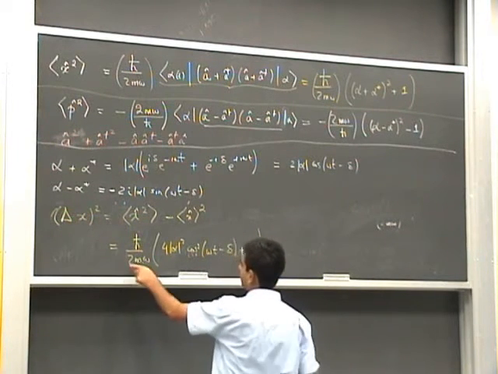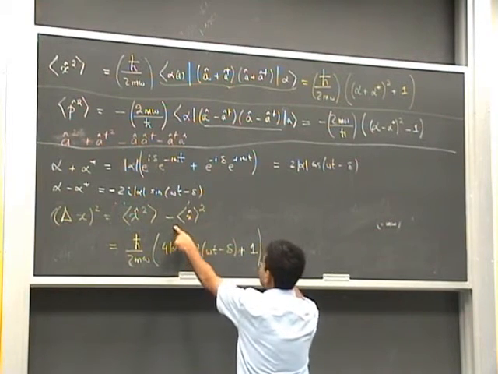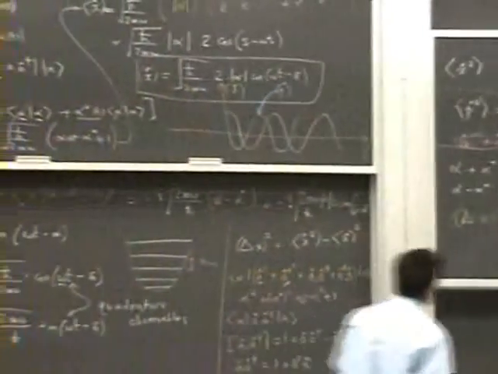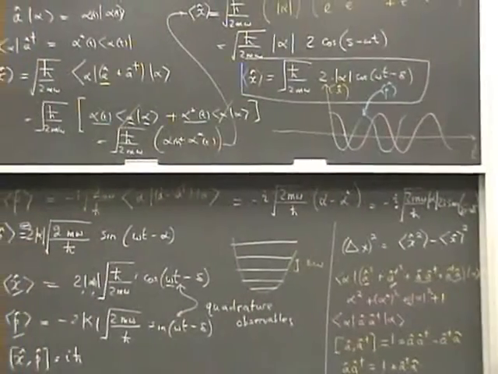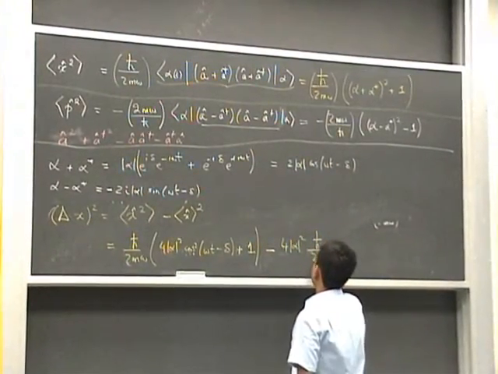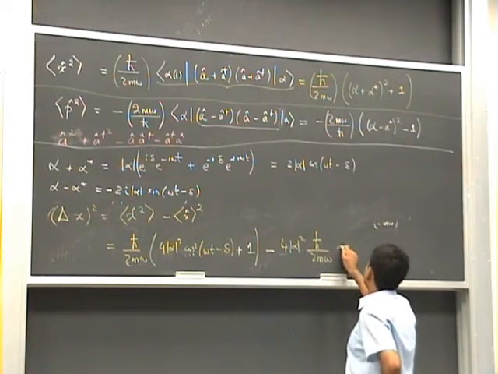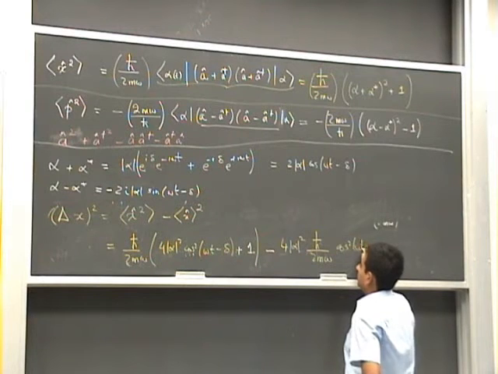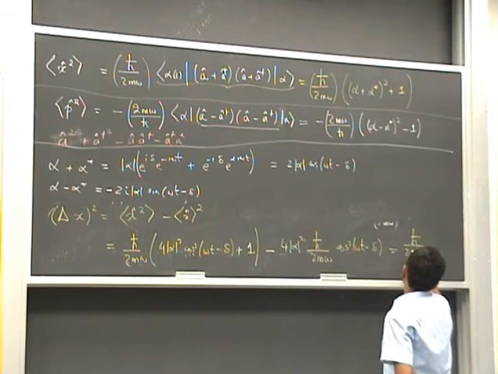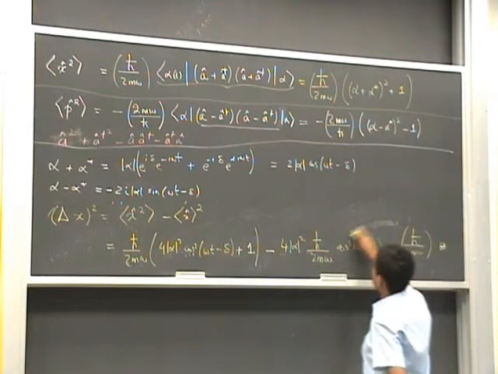Now h bar over 2m omega is present with this, and minus, what do I subtract? I subtract the square of this: minus 4 alpha mod square h bar over 2m omega cosine square of omega t minus delta, and I'm left with h bar over 2m omega. Correct? Okay.